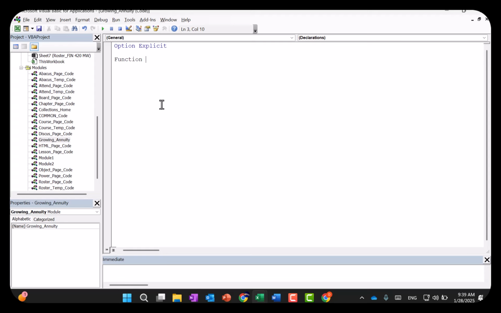And let's call this PV1, present value of 1 cash. It has inputs, iCash as double, and iRate as double.